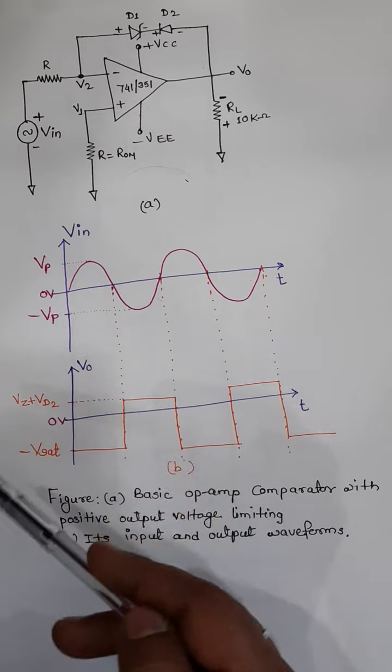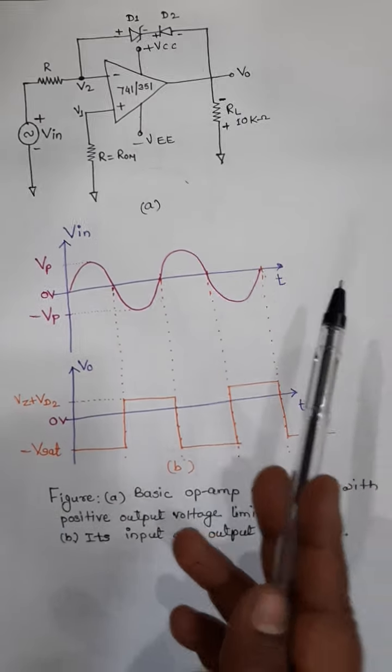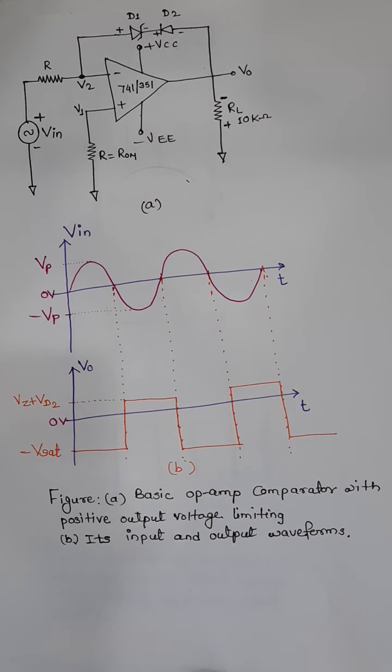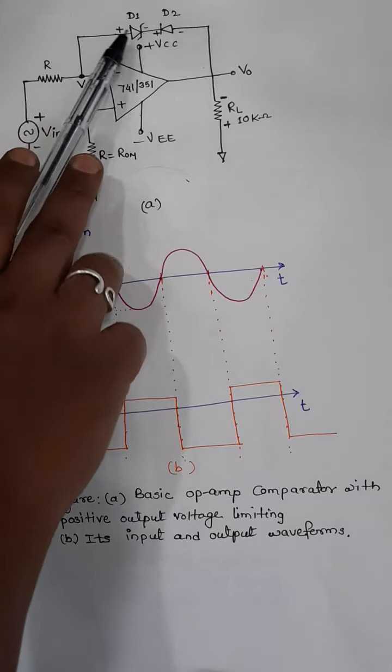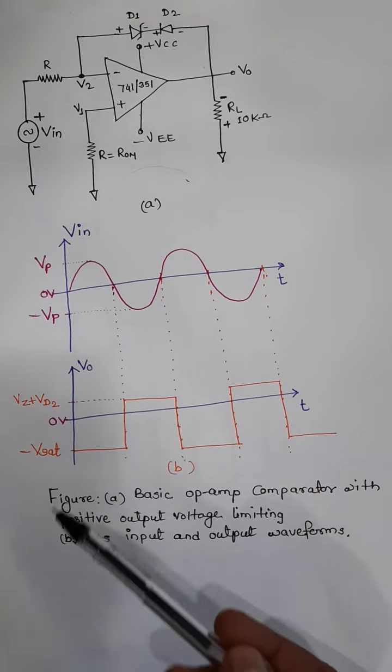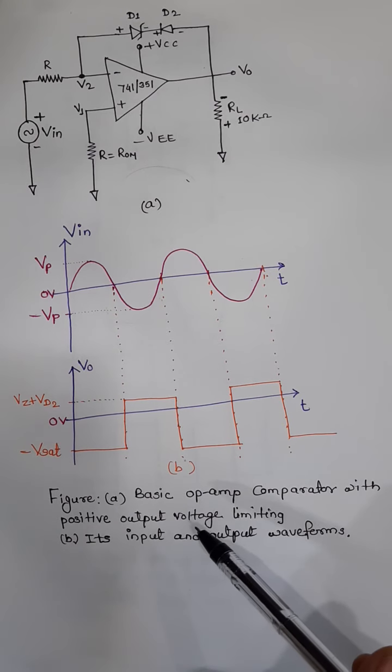Okay, so all we have to do is change here, we have to rearrange the diodes. That is, first we connect the rectifier diode in this place, and then here a Zener diode, so that we can limit the negative output voltage also.